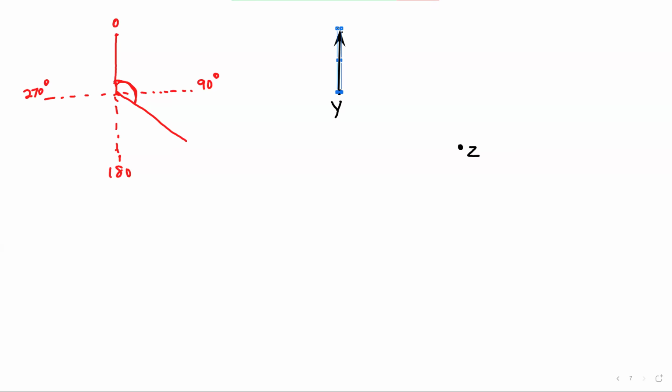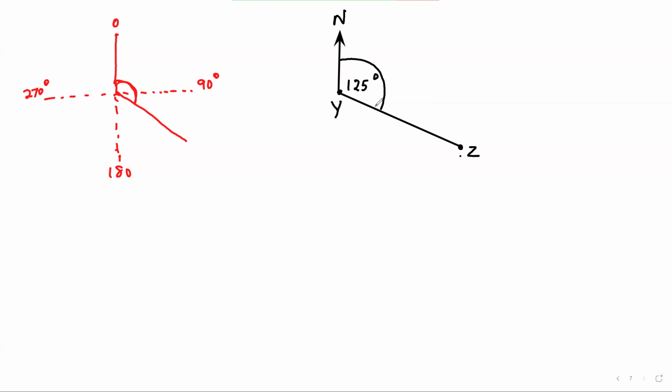See? So this is my north line. So the bearing of Z from Y is this angle over here, which is approximately 125 degrees, right? That's this angle over here.